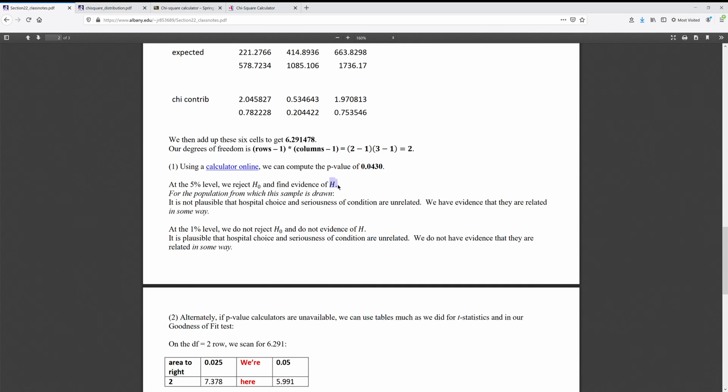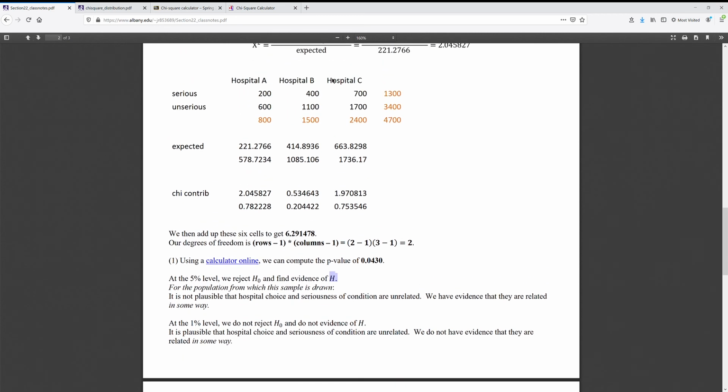The A obviously is not printing. For the population from which this sample is drawn, all possible patients who could go to hospital A, B, or C, all possible patients who could theoretically be or not be in serious or unserious condition, it is not plausible that hospital choice and seriousness of condition are unrelated.